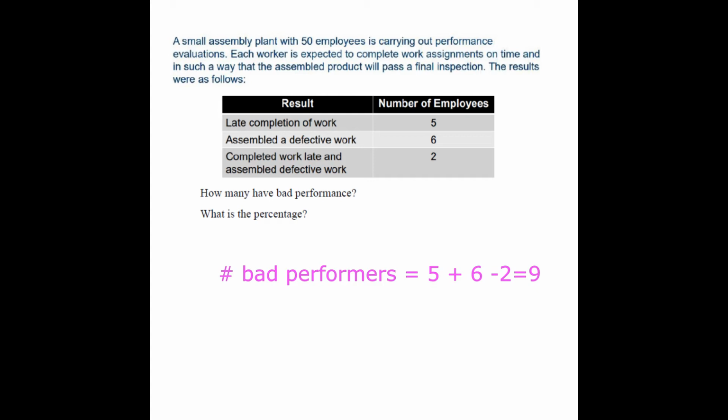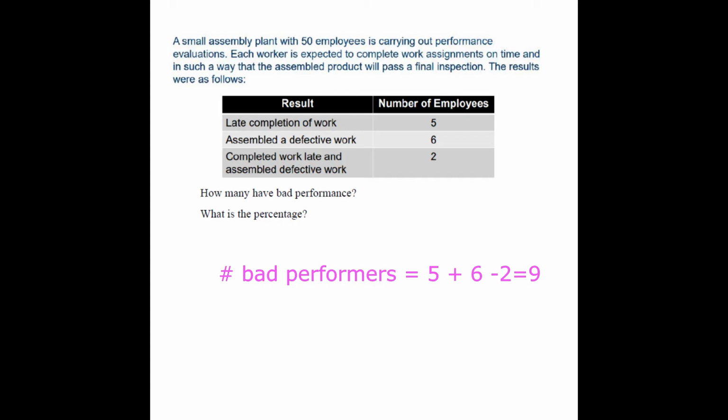Now, let's calculate bad performers. We know there are 5 employees late, and 6 employees who produce defective products. Let's look at how many employees perform not very well. There are 2 conditions: completing work late makes a bad performer, or producing defective products also means bad performance.